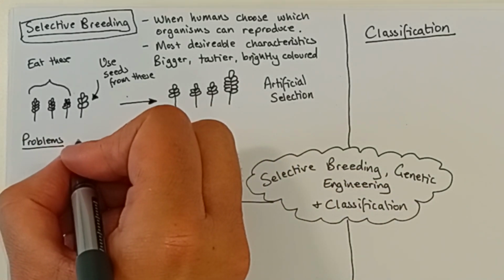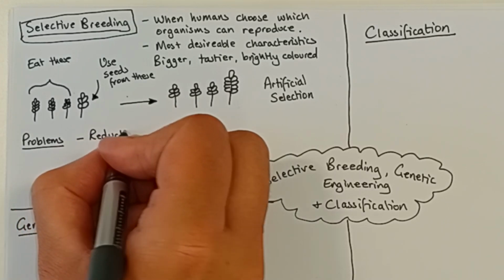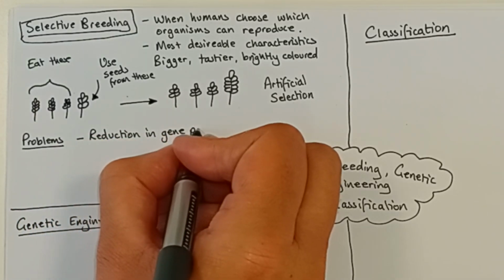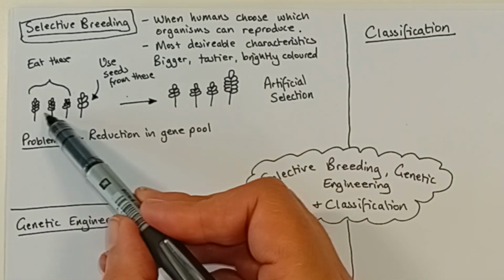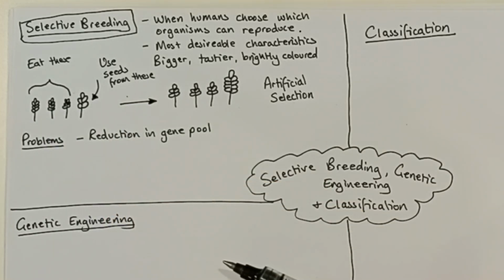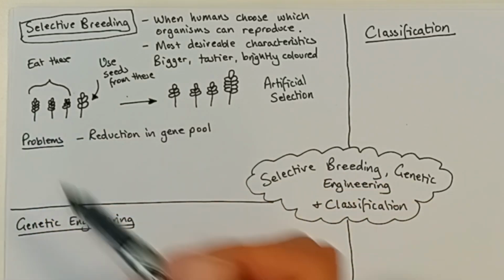The biggest one being that there is a reduction in the gene pool. So we've lost essentially the small genes to make the small wheat, which is fine for now, but we don't know if that one's got another advantage.